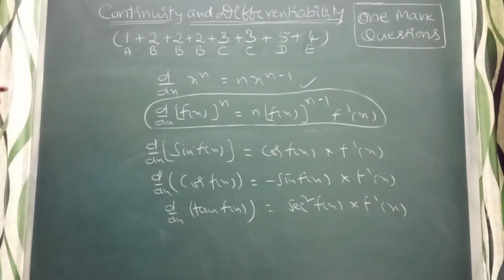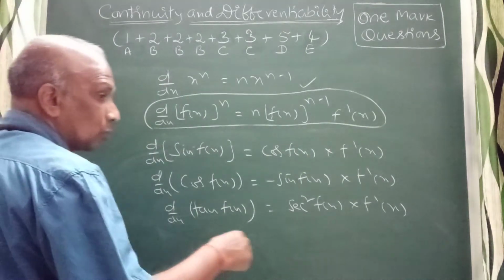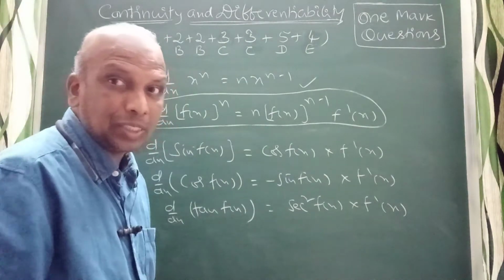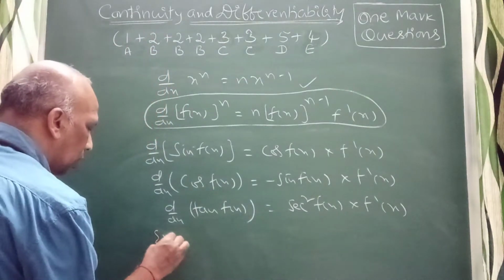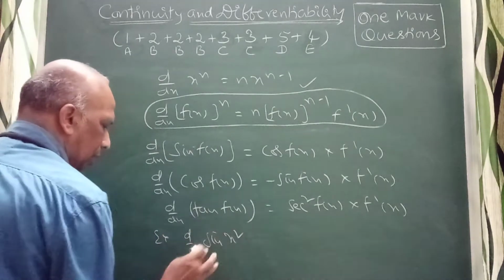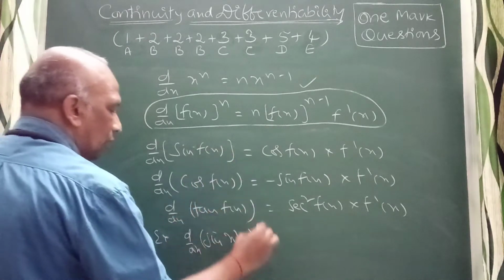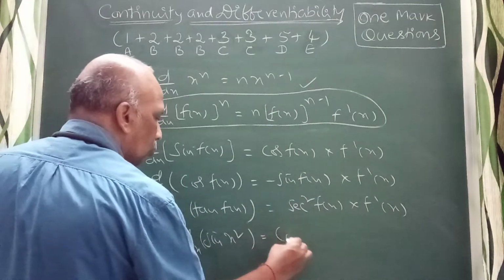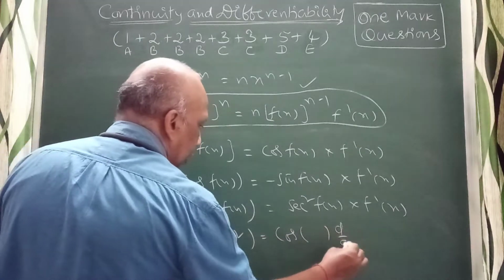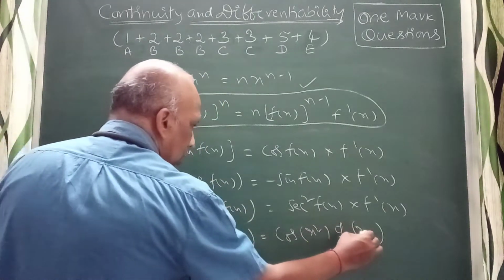Correct. For example, they may talk about sin of x square. I explained that sin square x is different, and sin of x square is different. For example, d by dx of sin of x square. Think about this one: this is sin of f of x. I can write cos of that function, into d by dx of x square.